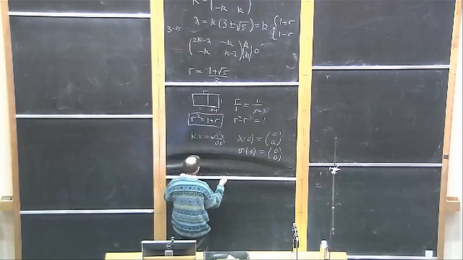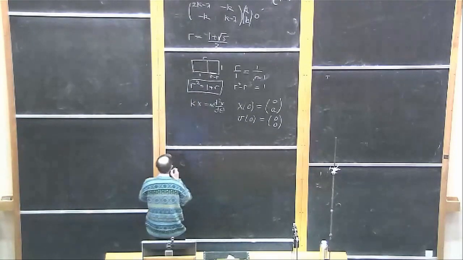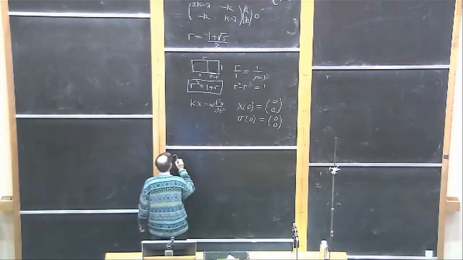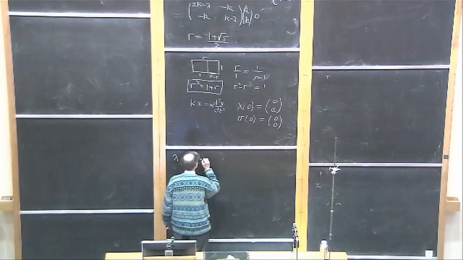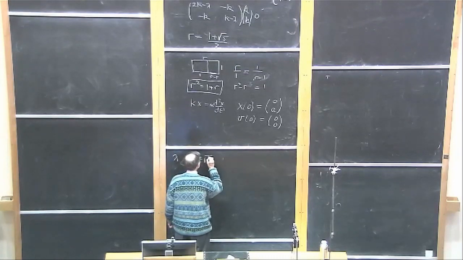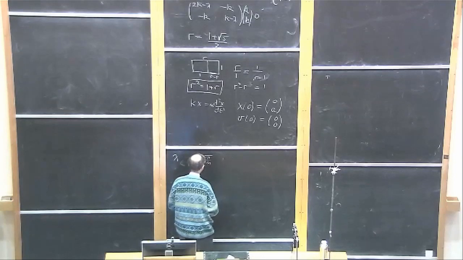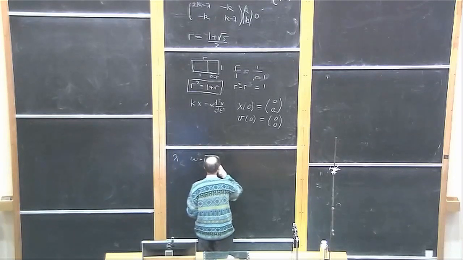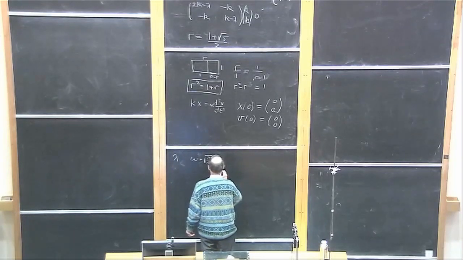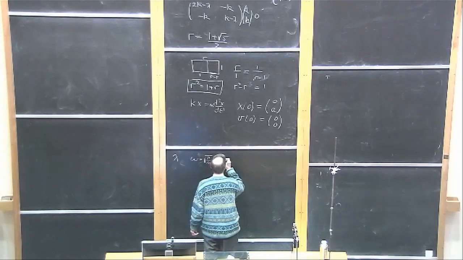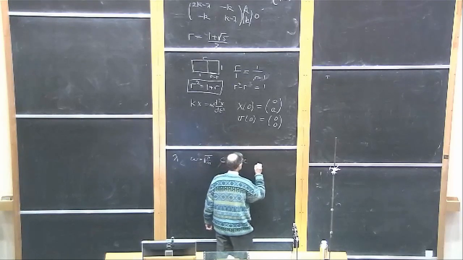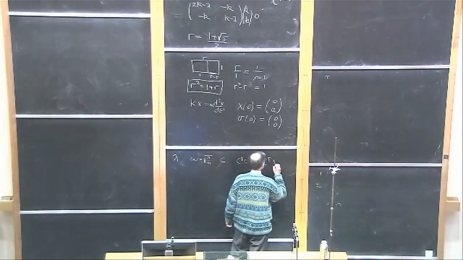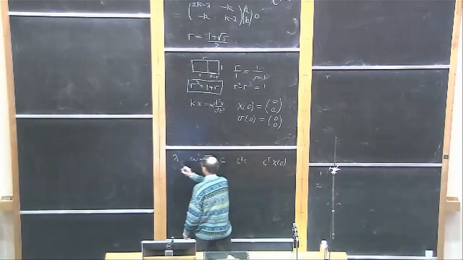So we need a sort of table. Lambda, omega squared equals lambda over m, omega is the square root of lambda over m. C, C transpose C, C transpose x of 0.